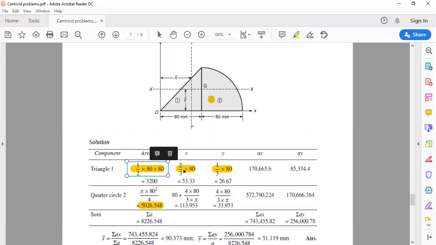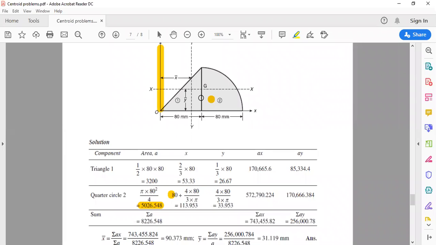Next, you should calculate x bar and y bar of quadrant of a circle. So first is x bar. X bar is always measured from y-axis. So what is the distance of this centroid from y-axis? It is 80, which will get me to the face, that is 80 plus distance between this face and CG.